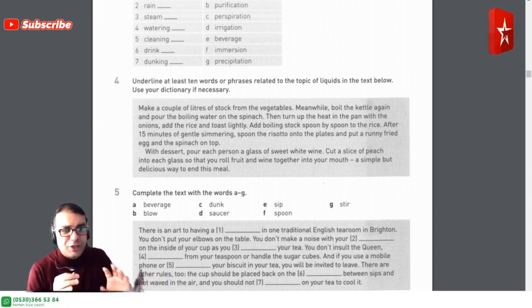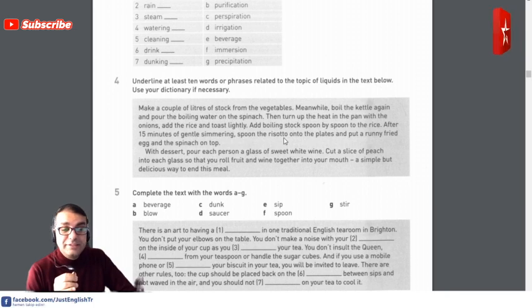To use with liquid. Let's put it this way, for example. Are you sure? Melted? Wine. Yes, wine. A glass of sweet white wine. So lovely.